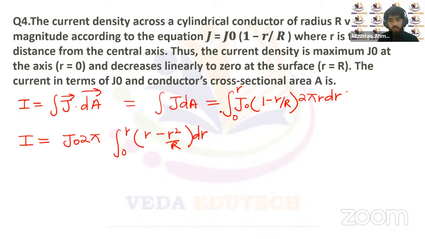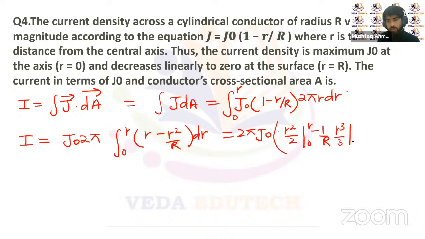Now integrating with respect to r, we will get 2 pi J naught times r square upon 2 with the limits 0 to r, minus 1 upon R times r cube upon 3 with the limits 0 to r.